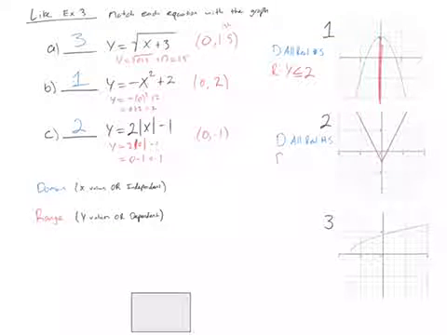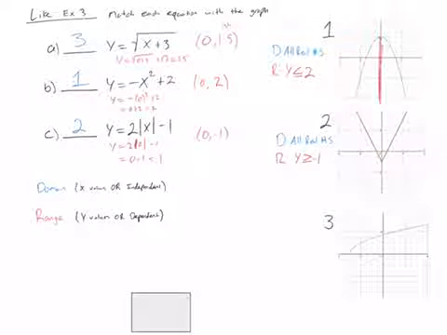The range is going to be numbers that, again, if I smash this from left to right, it would end up all here, all the way down to this point, which is at -1. So then I'm going to end up with y's now that are greater than or equal to -1.